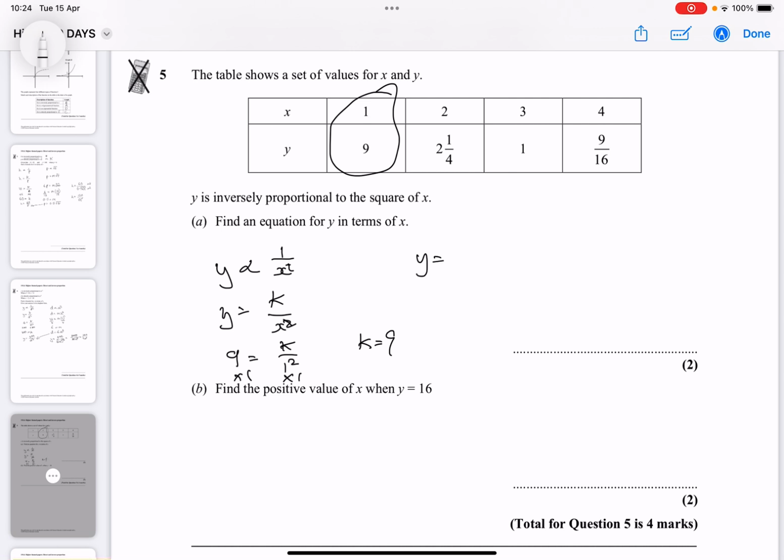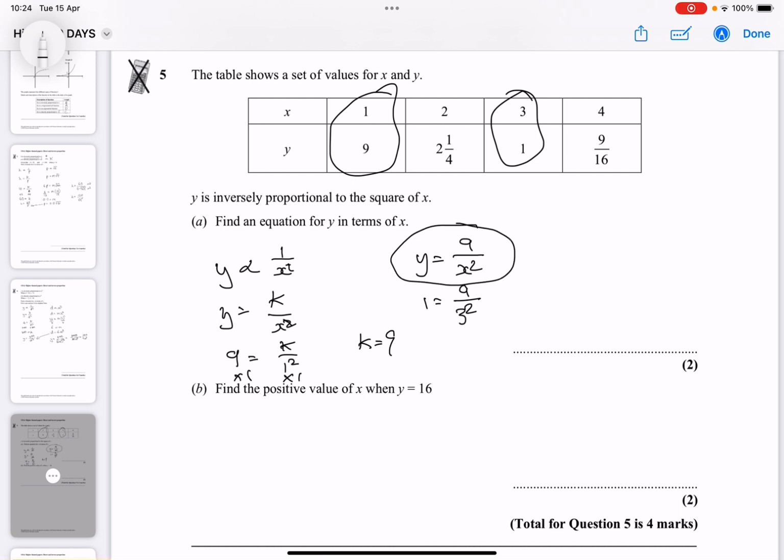So y equals 9 over x squared. If you tried a value like this one here, y is 1, and that's 9 over 3 squared, which is 9 divided by 9, 1, so that just shows it. So that's the answer there.